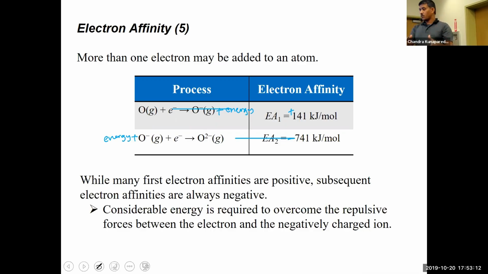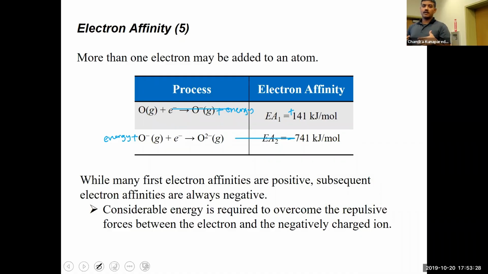We need to force the negatively charged oxygen to take the extra electron. But in the first case, we don't have to force it much because it is releasing energy, which means by accepting the first electron, it is actually becoming more stable. So it is doing that voluntarily.